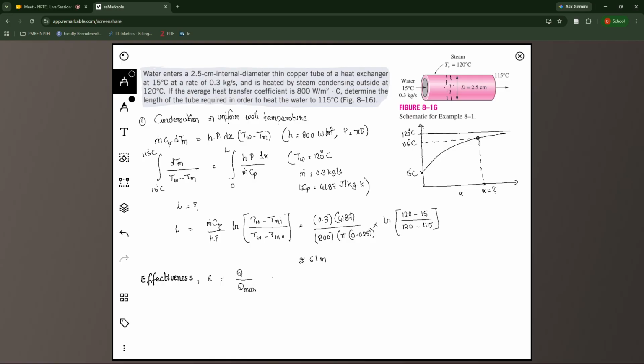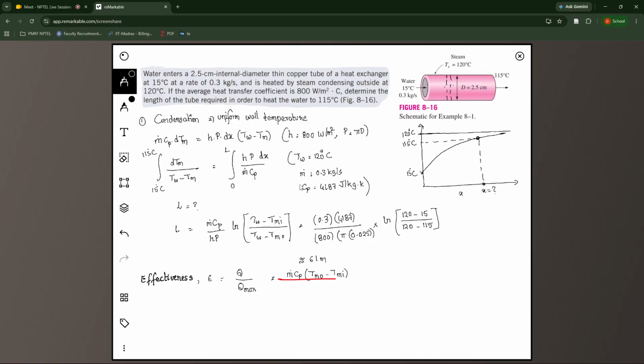In this particular case, Q is given by m dot Cp times out minus in, which is Tm outlet minus Tm inlet.